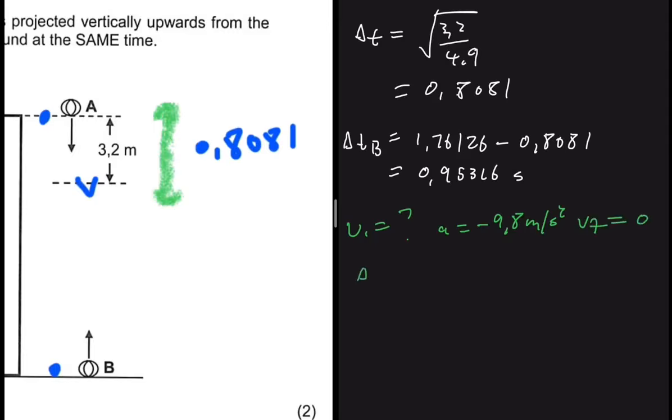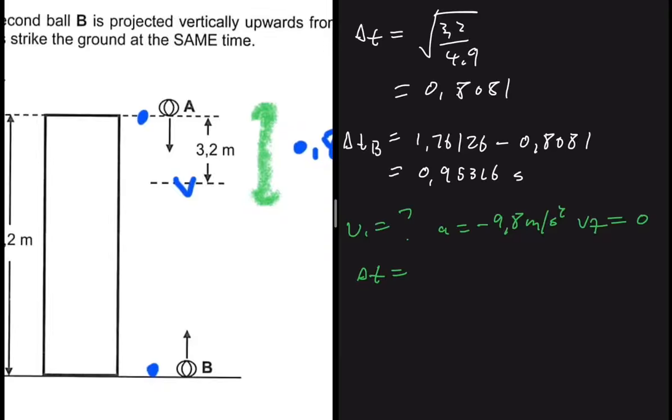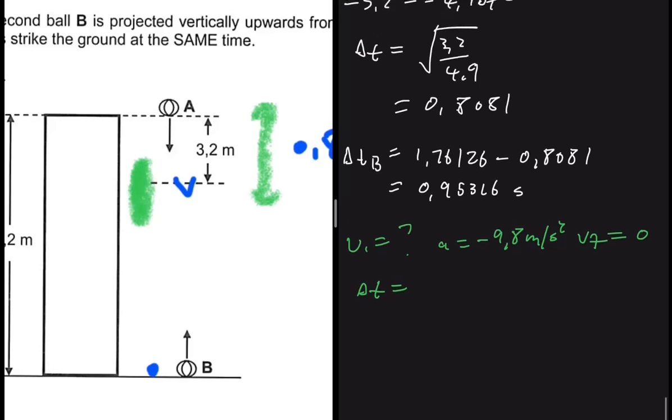And then to find the change in time from ground to maximum height, we're going to say total time divided by 2, because the time taken from ground to the maximum height shall be the same as the time from maximum height to the ground. It is actually wrong for me to put this dot here. We don't know how high ball B is above the ground at maximum height, right?